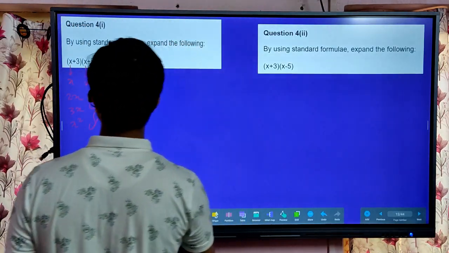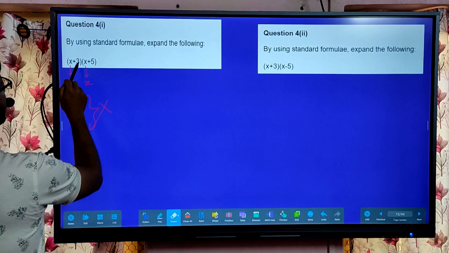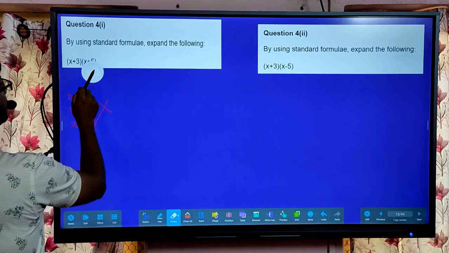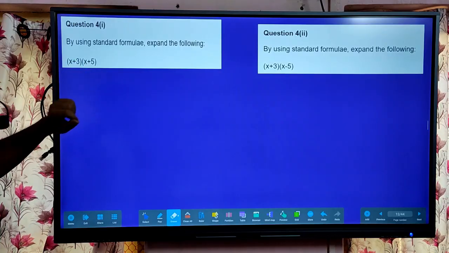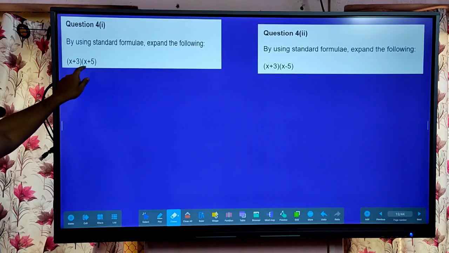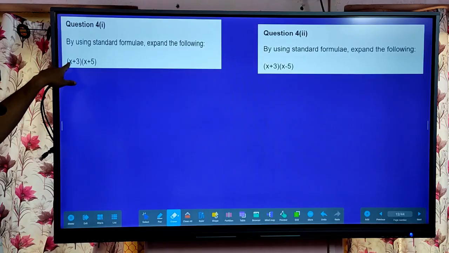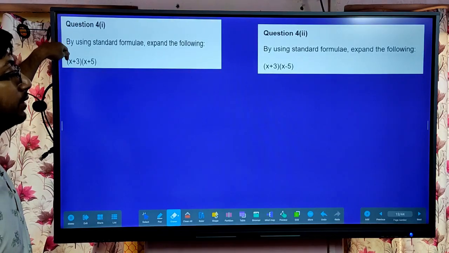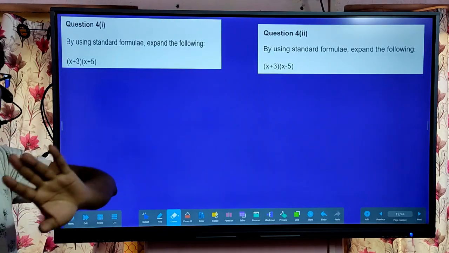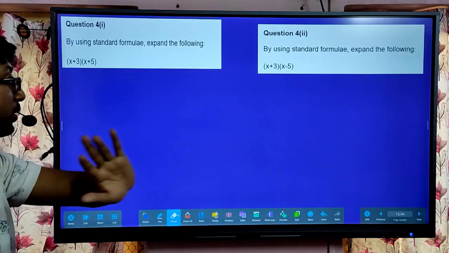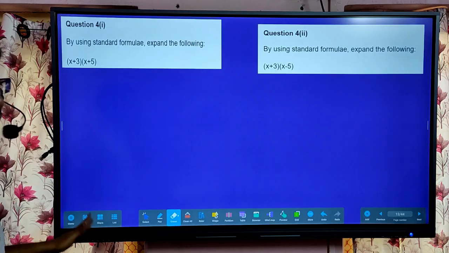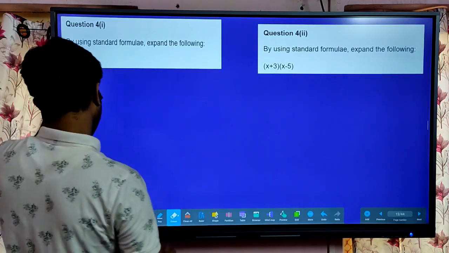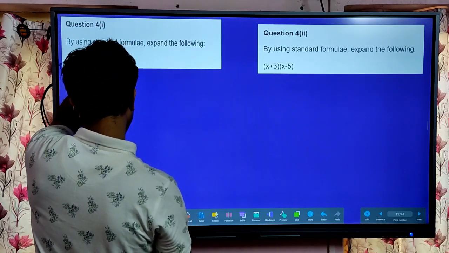So it has to be single x, and the other term can be anything, like 3, 5, or any algebraic expression. But the first term should be single x, not x square, not x cube, nor 2x, 3x, 5x, 7x. Then we can use this formula.